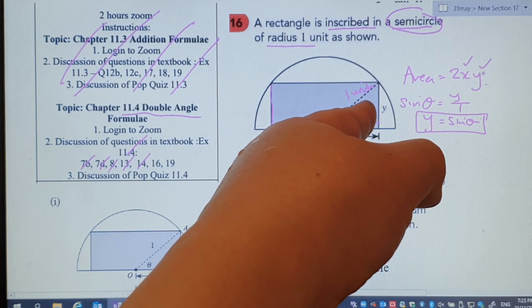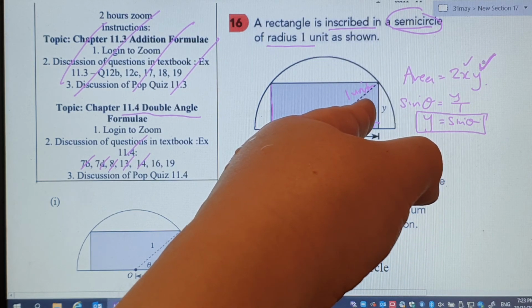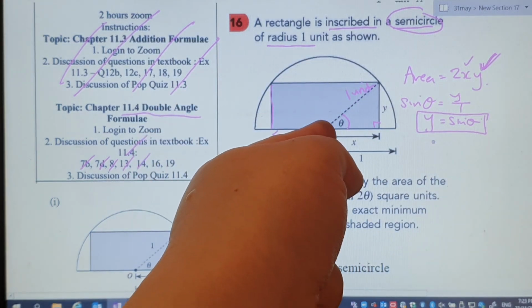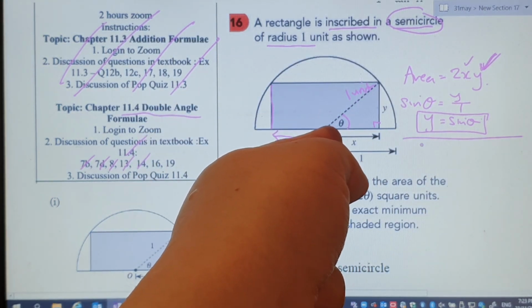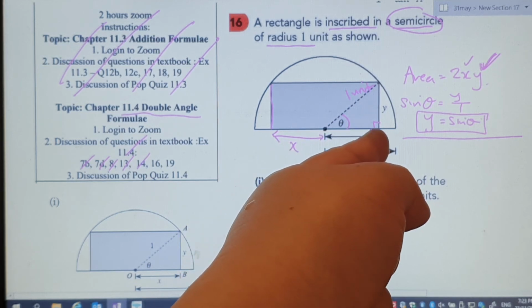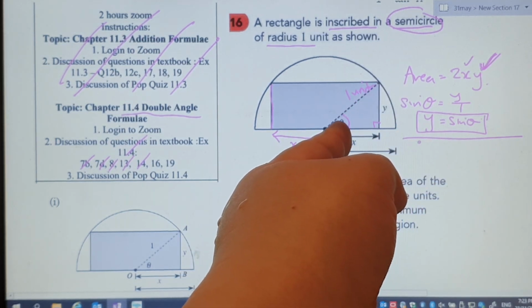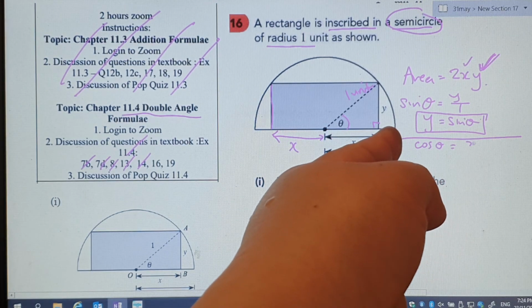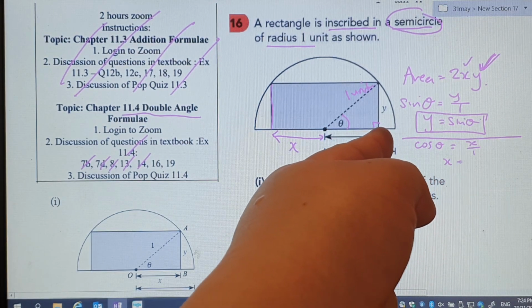So I found this already. Now let me try to find x. X is adjacent over hypotenuse. So my x is cos theta.